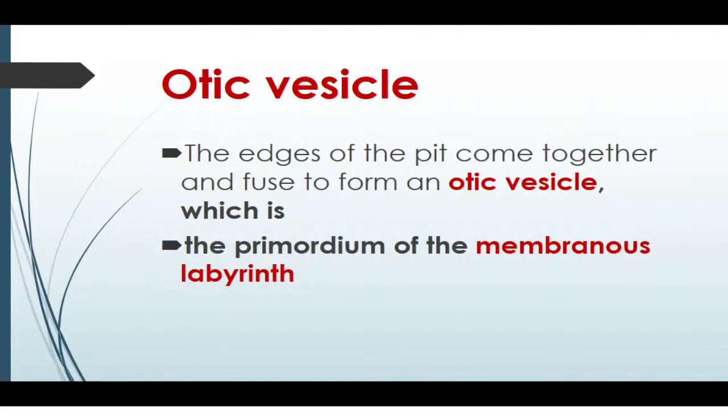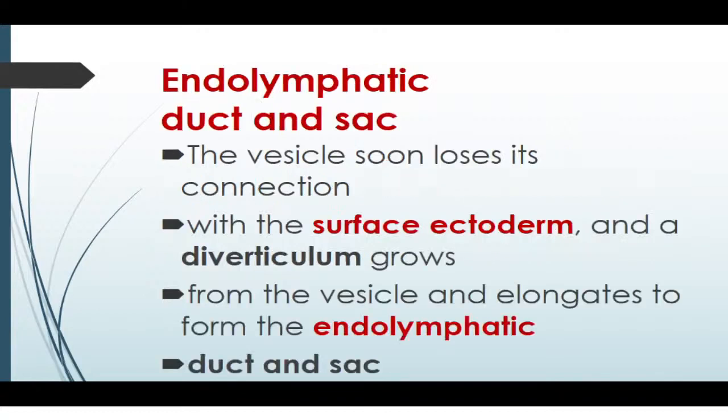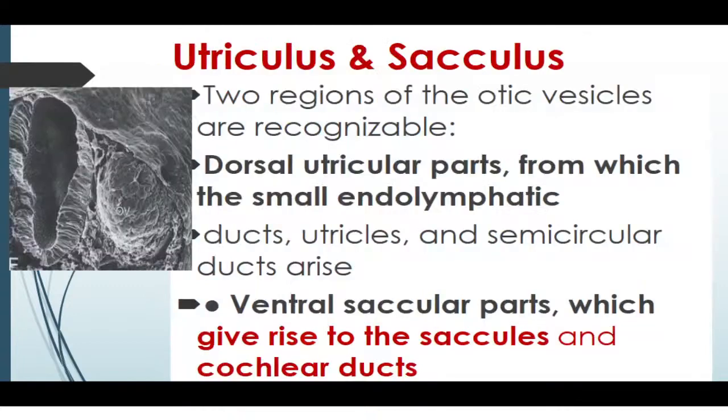The edges of the pit come together and fuse to form the otic vesicle, which is a primordium of the membranous labyrinth and the endolymphatic duct and sac. The vesicle soon loses its connection with the surface ectoderm, and a diverticulum grows from the vesicle and elongates into the endolymphatic duct and sac. Look at this one, we have seen the utriculus, sacculus, and the formation of the endolymphatic duct.